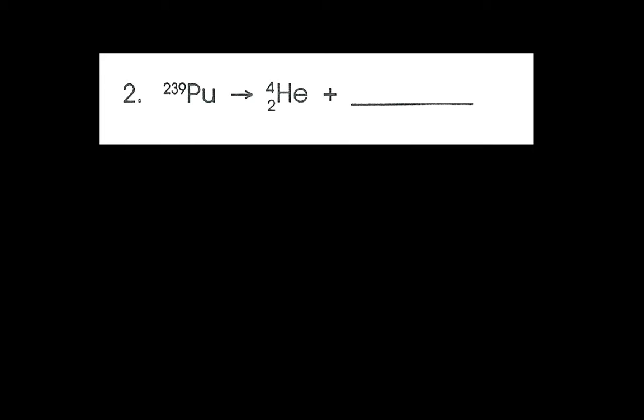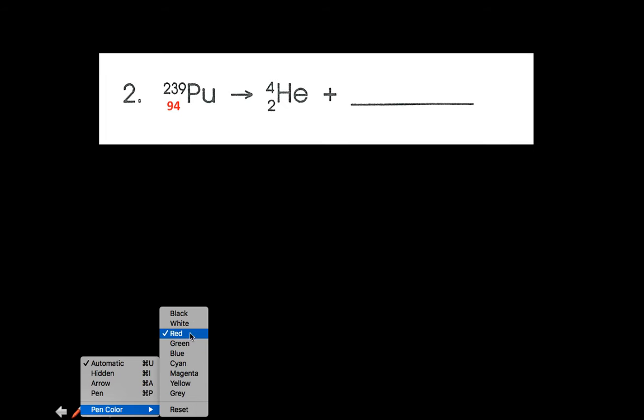Number 2, same problem. Plutonium, they didn't tell us what the number is, so we'll fill that in from the periodic table. And we find it way down near the bottom, 94. We look at the bottom numbers, and we start on this side because we know everything.